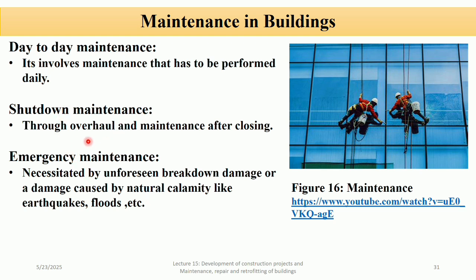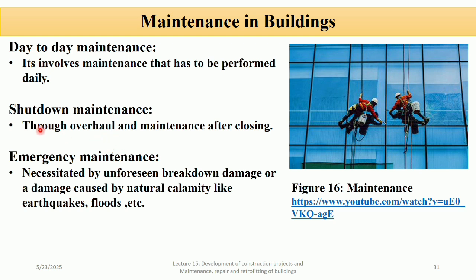Shutdown maintenance. Overhaul and maintenance after closing. This is a major maintenance activity performed when the building or part of it is closed or shut down for a period of time. This allows for complete overhaul or large scale repair that cannot be done during regular use.